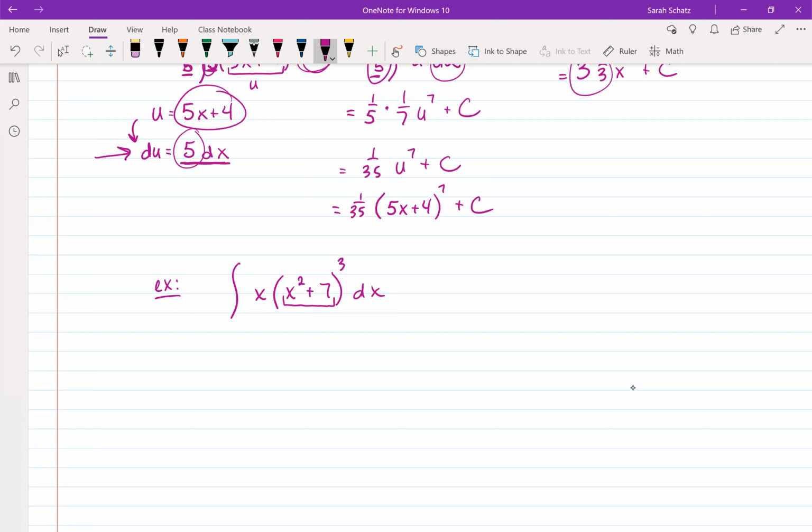First step in all of these problems is to locate u. So u is going to be x squared plus 7. Remember, don't just say, oh, du just must be x dx. It might be, but remember, the way to find du is to take it from u. So if u is x squared plus 7, what is du? Well, it's actually 2x dx.